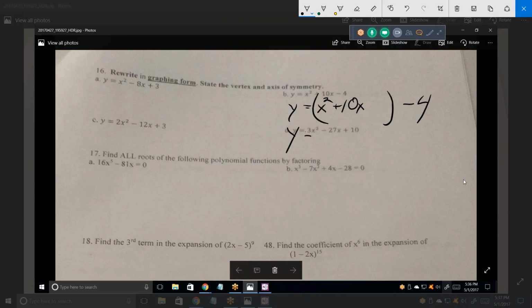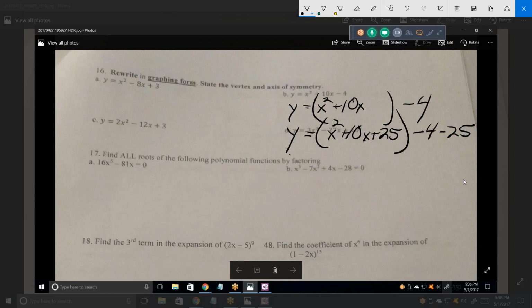Y equals x squared plus 10x plus 25, minus 25. In other words, whatever you write in there, you got to balance it out. If you're on the same side of the equation, you balance it out with the opposite of the number. If you're going to balance it out on the other side of the equation, you balance it out by adding the same number.